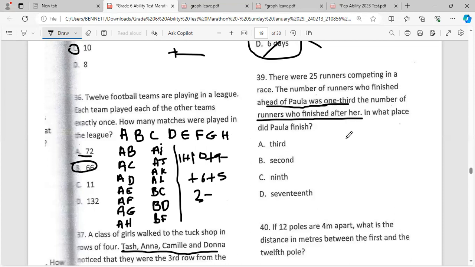Let us say she finished 17th. Out of 17, that means 16 people were ahead of her, and then going down to 25, that's 8, right?